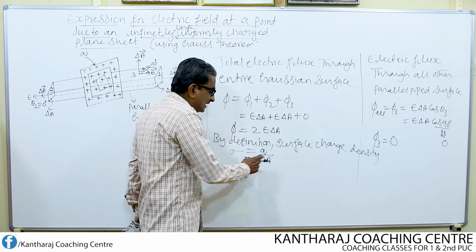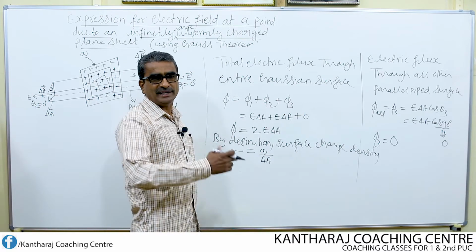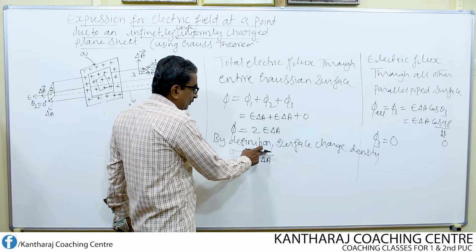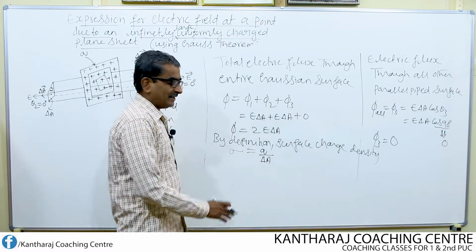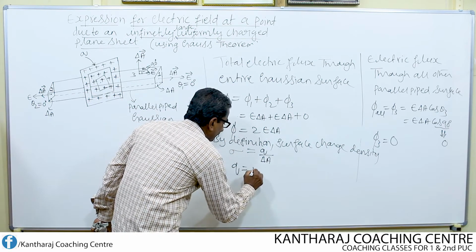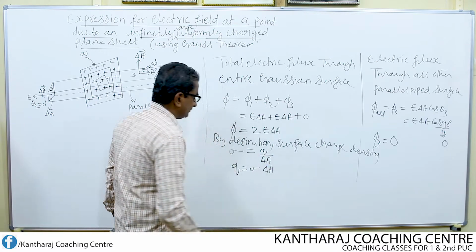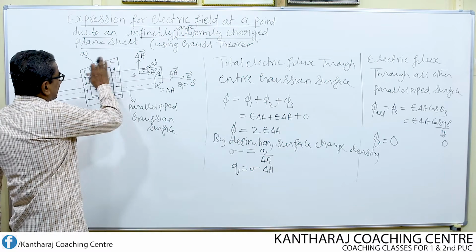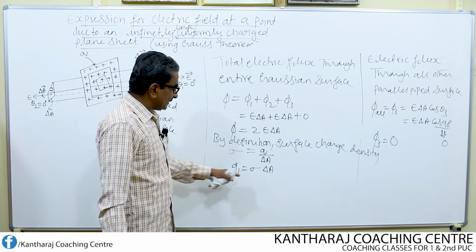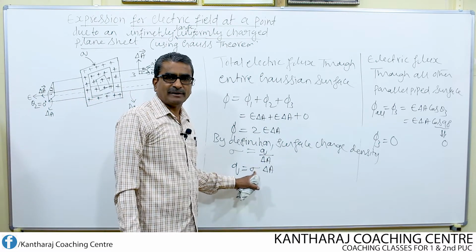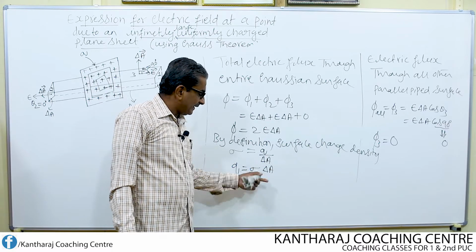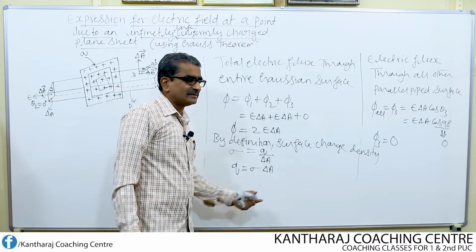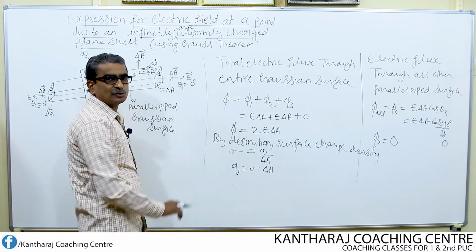If I imagine this delta A as unit area, then sigma is given by Q divided by delta A. Then what is Q? Q equal to sigma into delta A. That means the total charge on the entire sheet in terms of surface charge density is given by surface charge density multiplied by the magnitude of the area element. This is the area element which we have chosen.